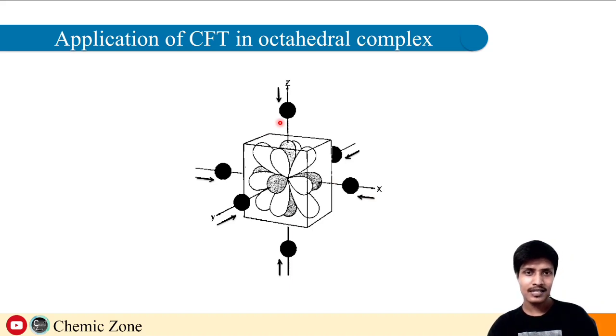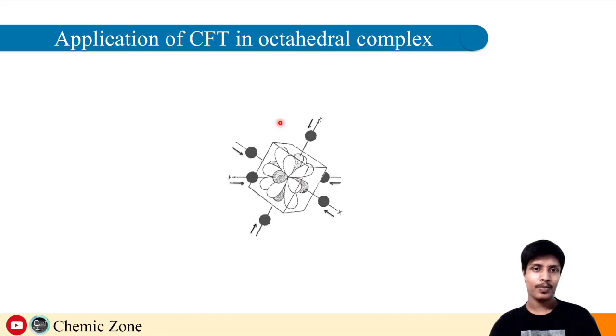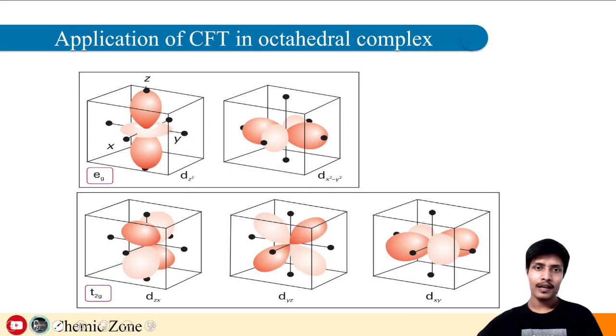If we separately see the d orbitals, then we can easily understand. Here are our axial orbitals, and these are our non-axial orbitals. Here our metal ion is present in the center of the cube, and the ligands are present at each face center, right?